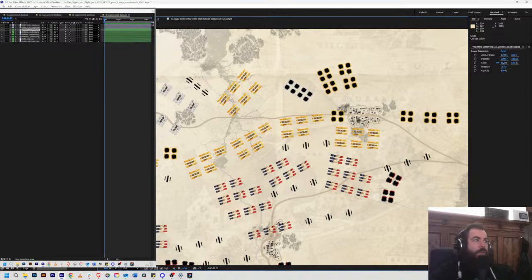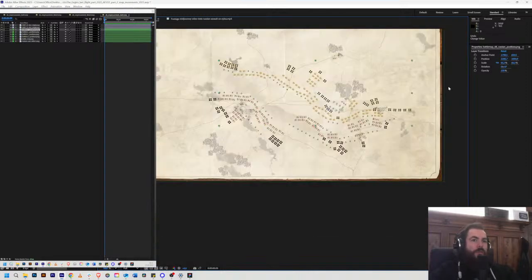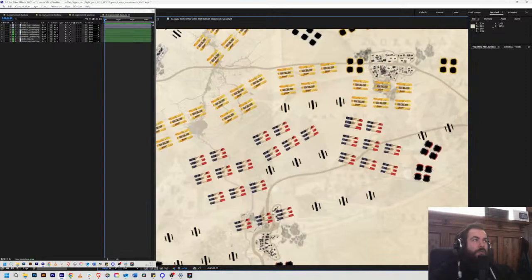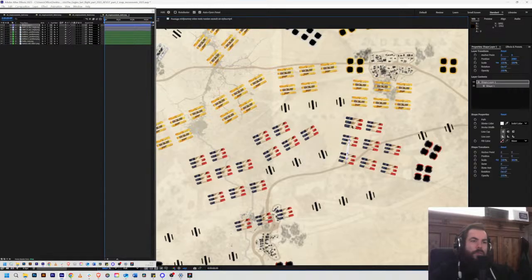and I draw like a path from here. Let's say they move in here. So I take this unit, and this unit, put them on this path, and let them walk.